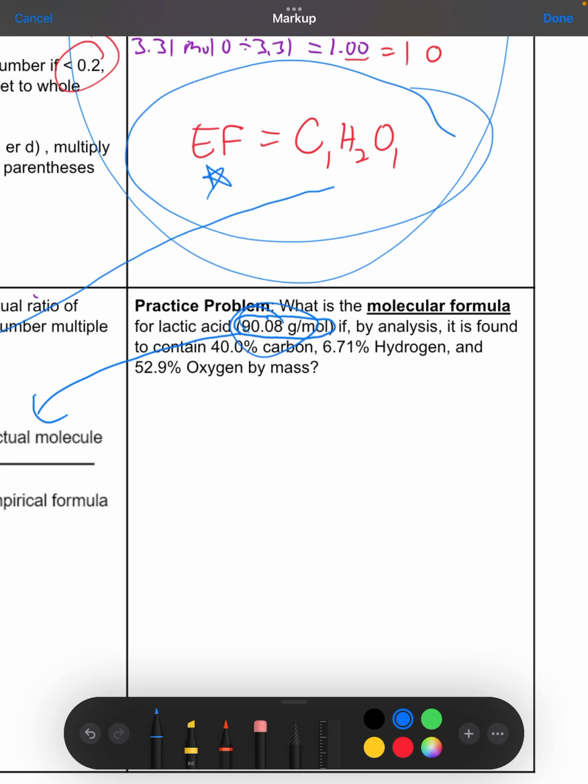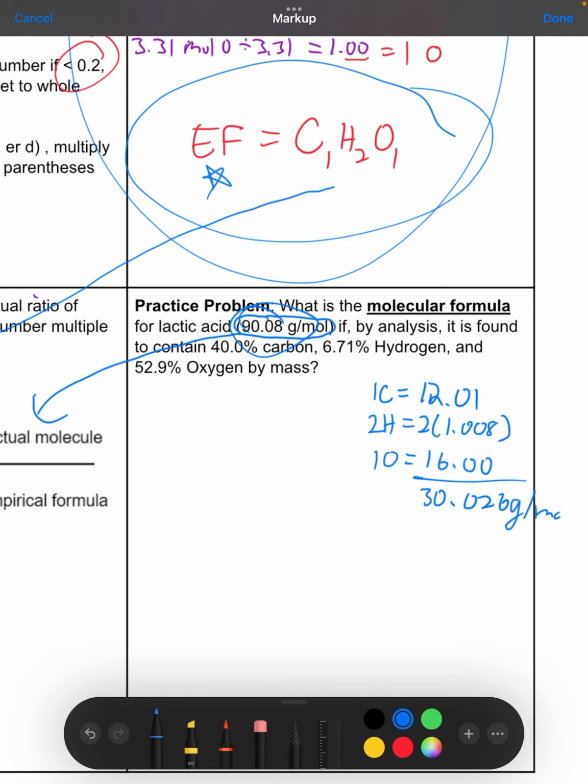Okay, my empirical formula has 1 carbon, which is going to be 12.01. I have 2 hydrogens, which is going to be 2 times 1.008. And I have 1 oxygen in it, which is just 16. I add all of those up together, and I get my empirical formula's molar mass, which is 30.026 grams per mole.